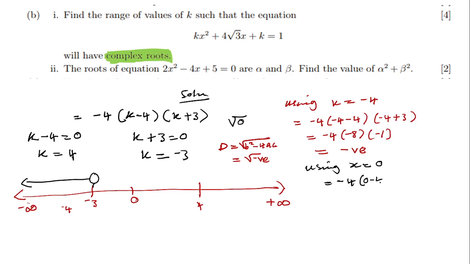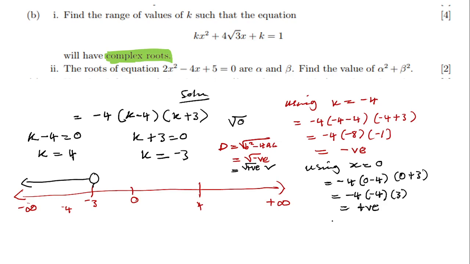So if you check, it's going to be negative 4, and then negative 4, and then 3, and then this one will be a what? A positive. And you know that if that guy is a positive inside, then this is okay on our side. So this side is not giving a complex value.